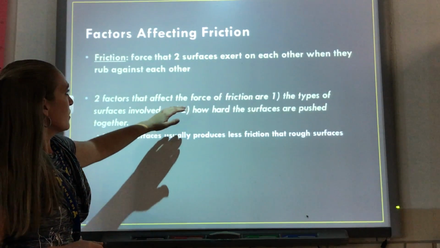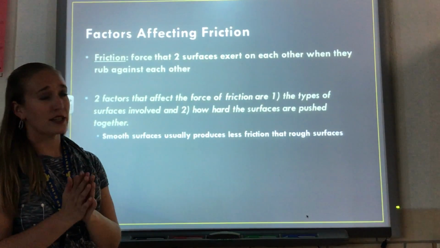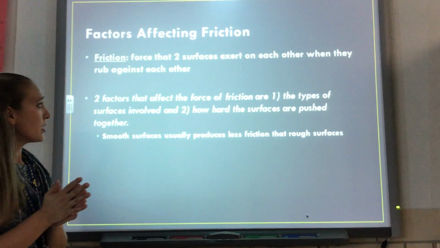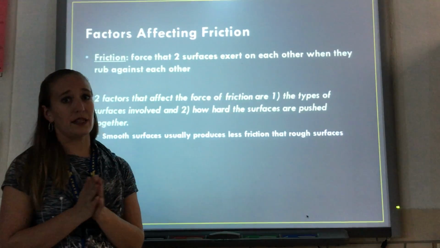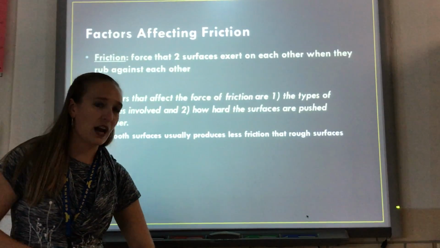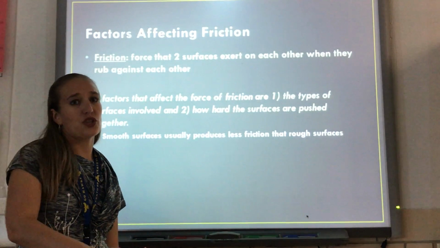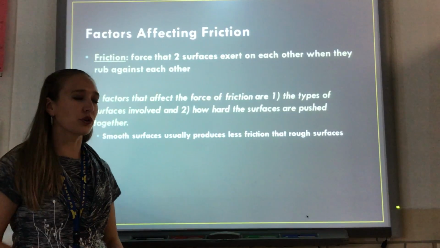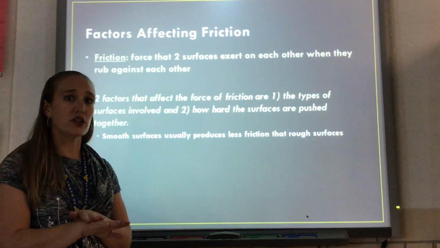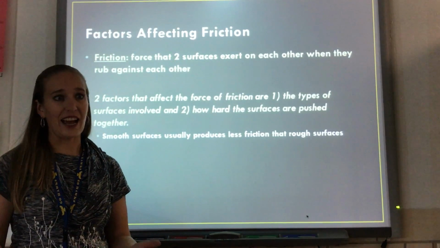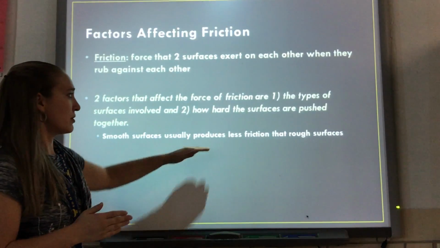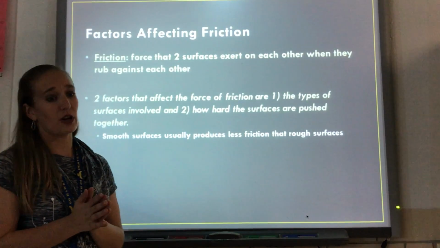The 2 factors that actually affect friction are the types of surfaces involved and how hard we push those surfaces together. If we have 2 really smooth surfaces like the tile floor and flat shoes that don't have a lot of the little bumps and grooves on them, you're going to slide pretty easily. Again, it's smooth on smooth. Think about sliding on ice. Smooth surfaces tend to have a lot of slip, so there's not a lot of friction there, not a lot of force.